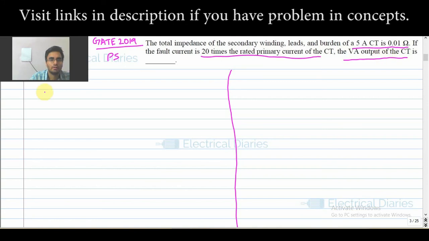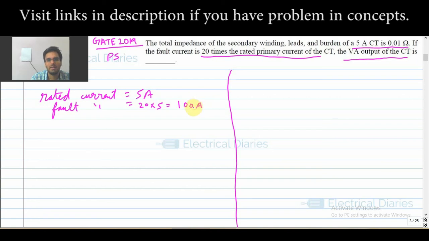The rated current is given to us as 5 amps, and the fault current is 20 into 5, which is 100.